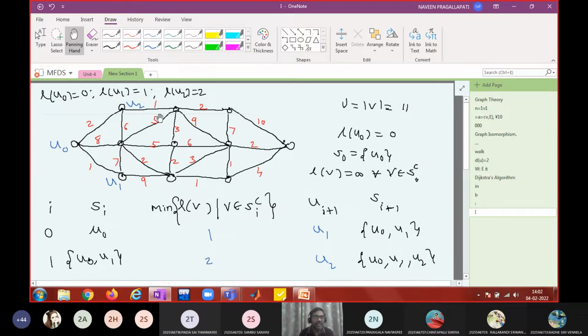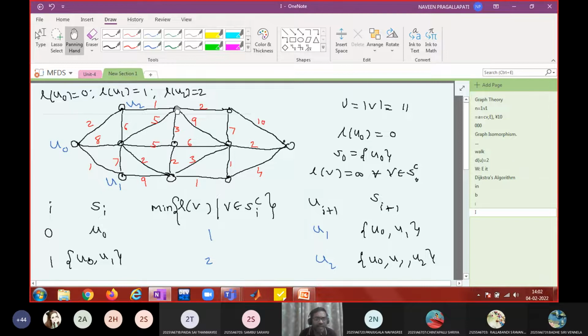Among these vertices, you find out the shortest distance from each vertex to the source node, either directly or through intermediate nodes. Among all those shortest distances, you identify the node which is really shortest to u naught. So what is this node's distance? This node's distance to source is 8. Can you see that?